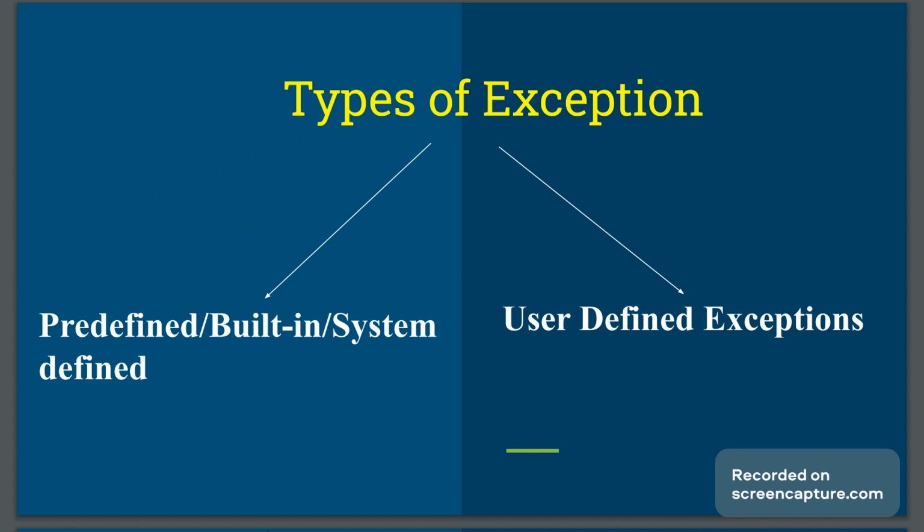Now, there are two types of exceptions in Java: predefined, which is also known as built-in or system defined exception, and the second category is user defined exception. There are a few exceptions that are already given by the Java developers in the library.